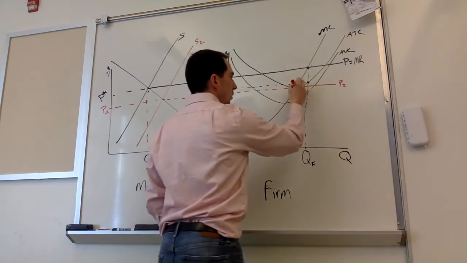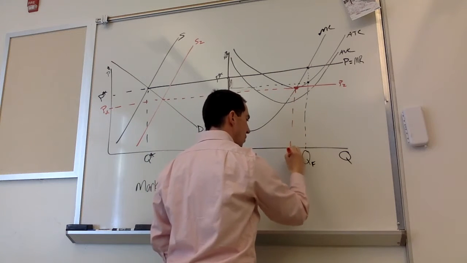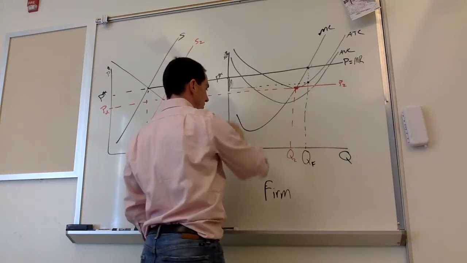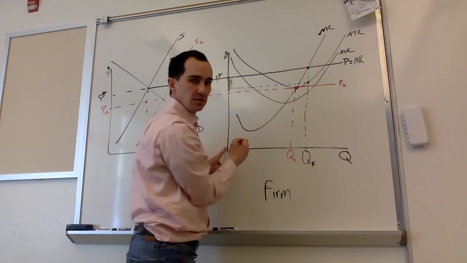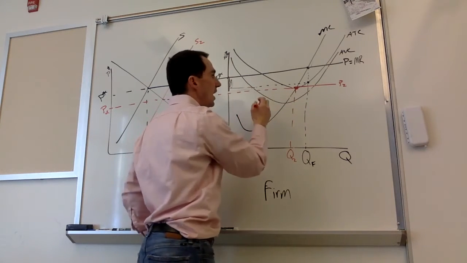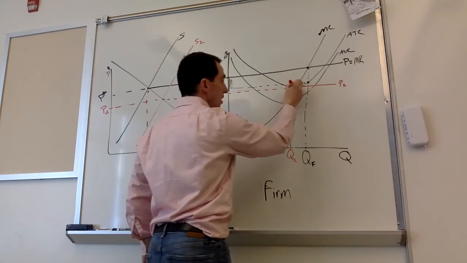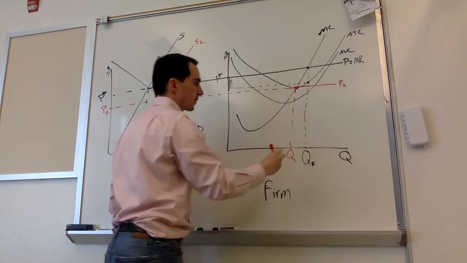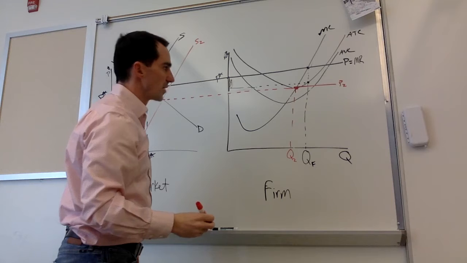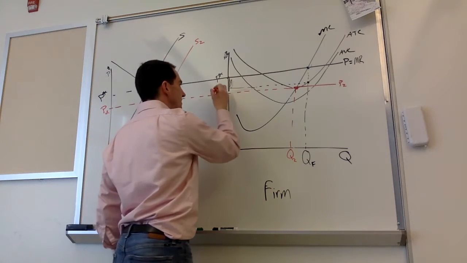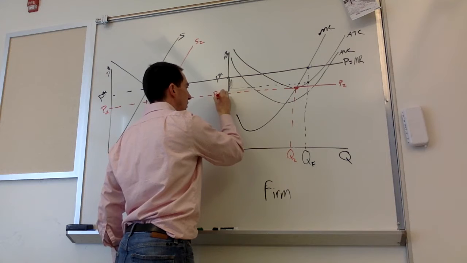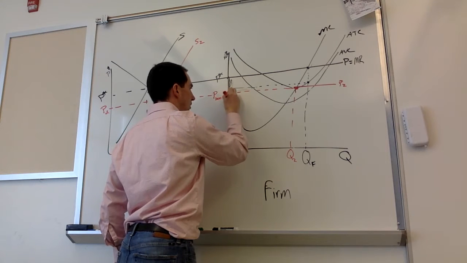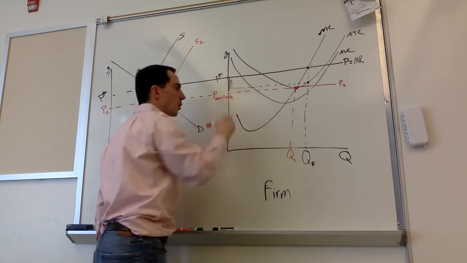Why? What's the profit here? At this quantity, the revenue is this big red rectangle. And the total cost is also this big red rectangle. This is the price of zero profit.